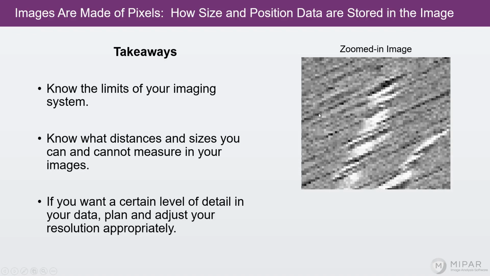You have to know what the pixel size is. Most microscopes will report that number to you. You have to know, based on that, what distances, what sizes you can measure, what could be reliably accurate in your image. And if you want a certain level of detail in your data, you need to know that ahead of time, and you need to adjust your resolution if possible.